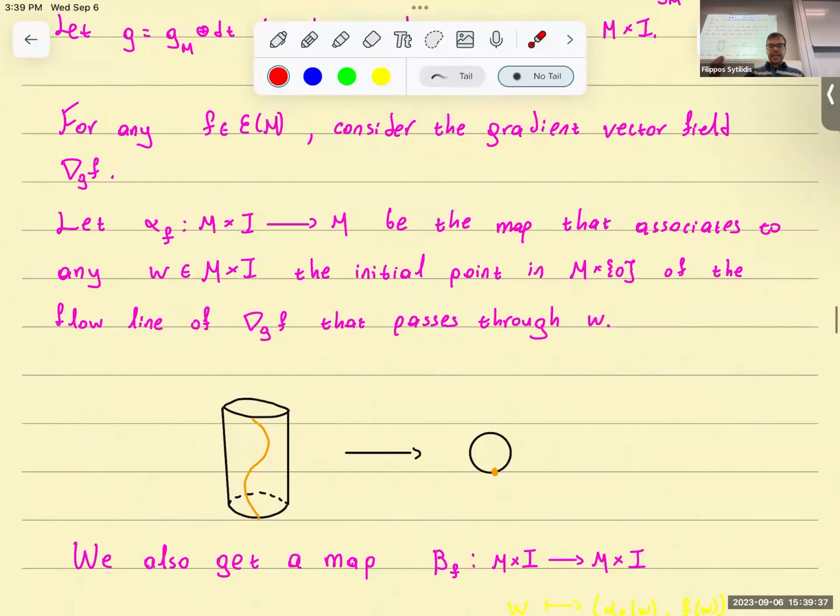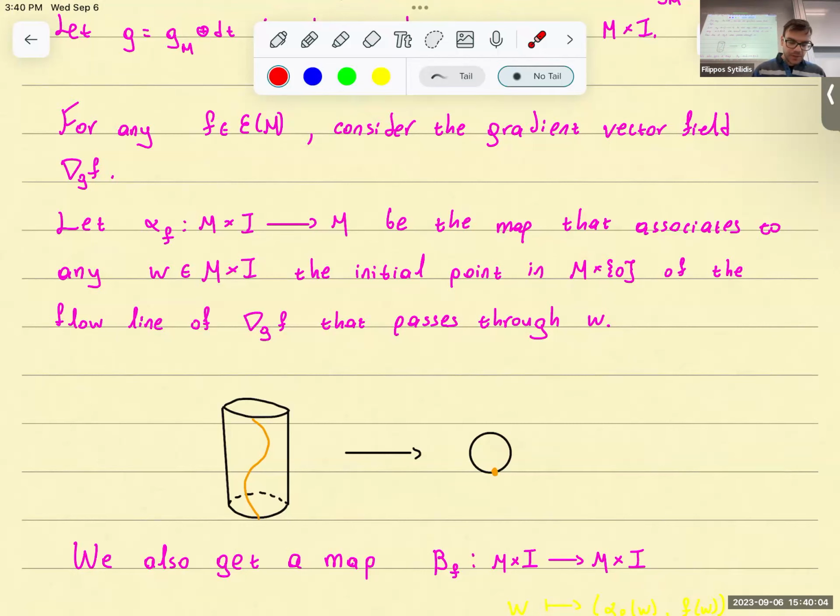What the data gives me is this gradient vector field. In particular, I have gradient flow lines that I can draw. And it's nowhere vanishing, of course, because that's where we're using that F has no critical points. So for example, this could be a flow line that I just have on the left.